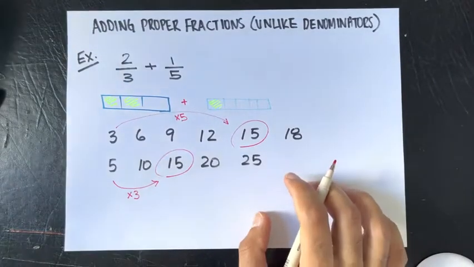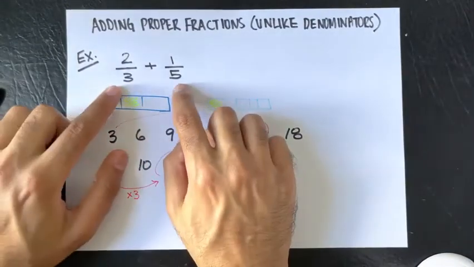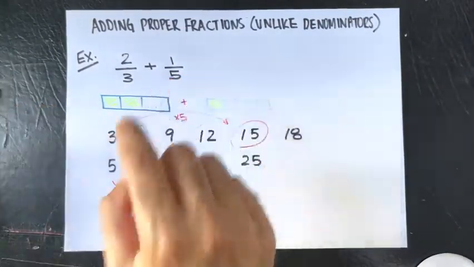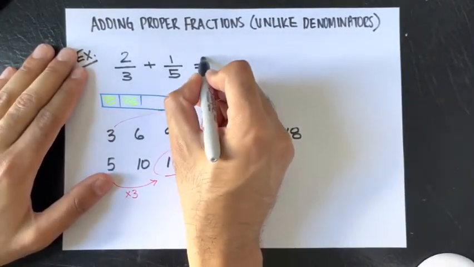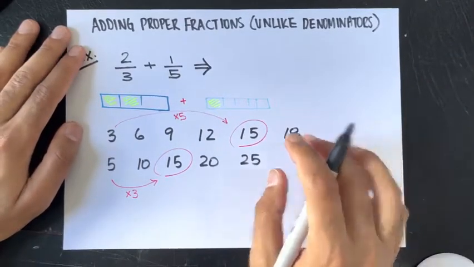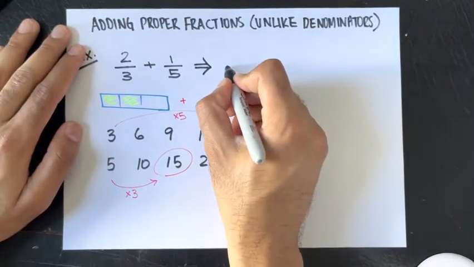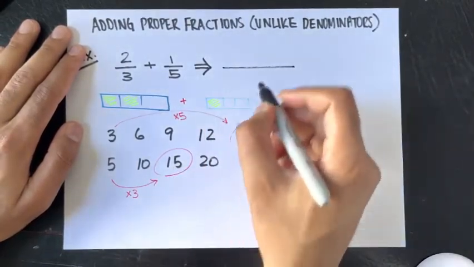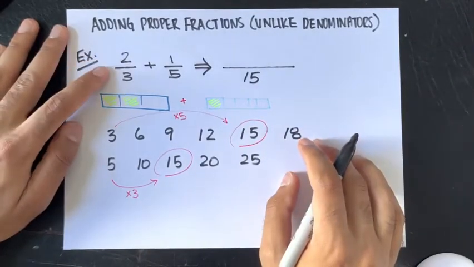Okay, the same process is used when you're adding fractions with unlike denominators. So to get a common denominator, the common denominator would be 15, as we just figured out from the lowest common multiples.